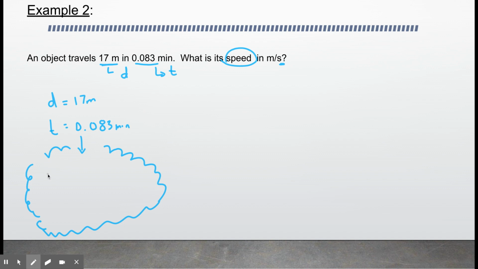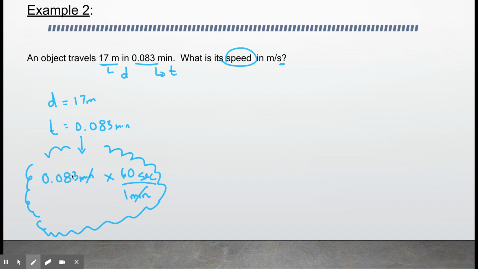So in order to change time, 0.083 minutes, I'm going to times it by what I call a ratio, okay? I want seconds. So that means seconds goes on top, minutes goes on the bottom. Well, what's the ratio? What do I know about seconds to minutes? Well, I know that there's 60 seconds in 1 minute. So minutes cancel out. I'm left with just seconds.